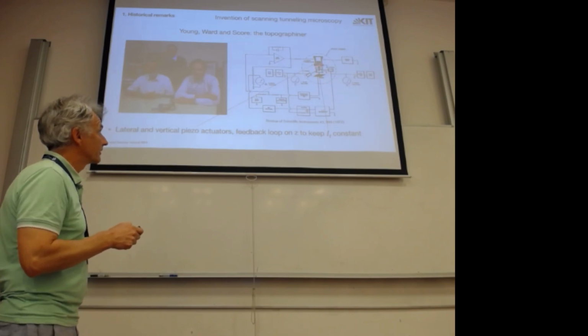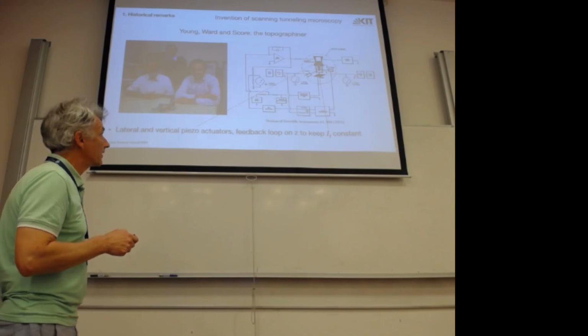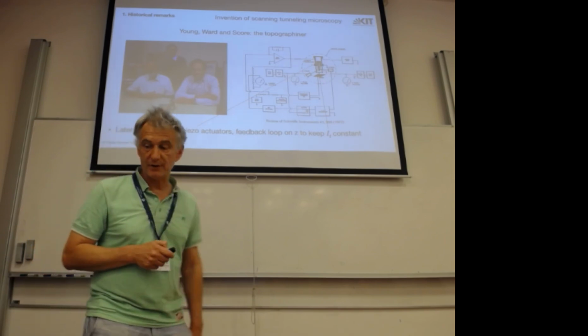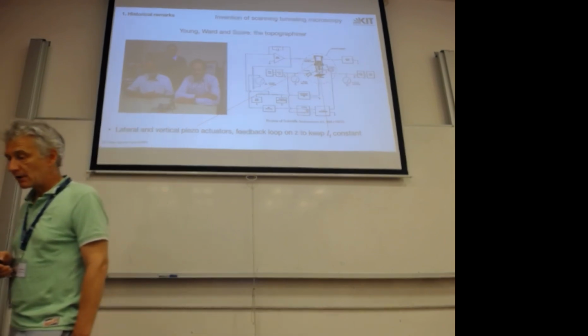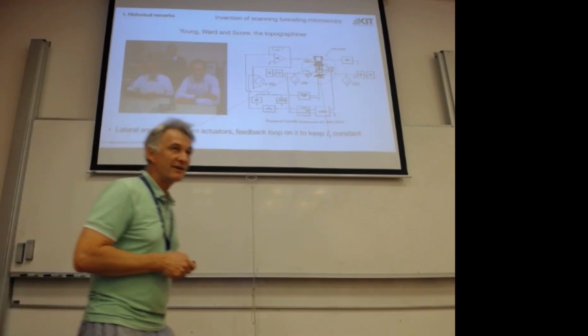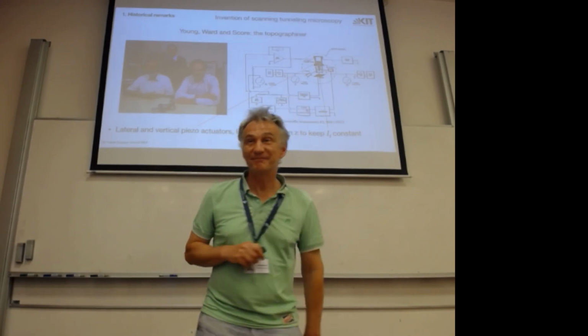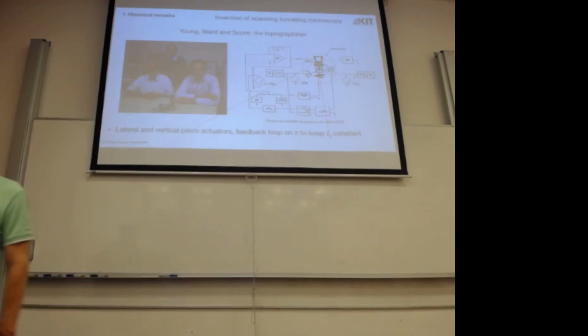We can move the tip in x, y, and z direction, and there's what's called a feedback loop. The current is measured, and the z coordinate of the tip is adjusted so that the tunneling current is constant. So every time you buy an STM, they get money for the patent, and not the Nobel Prize winners.